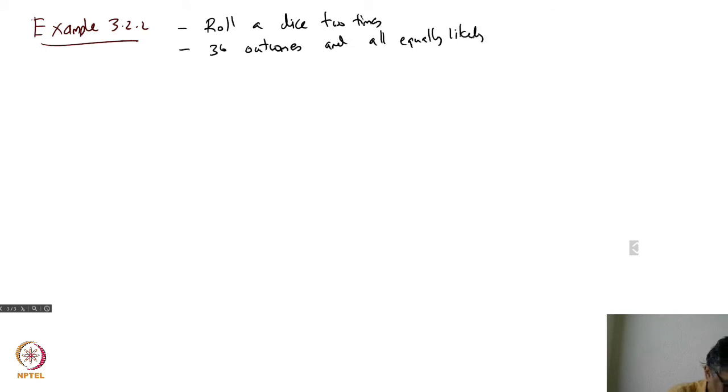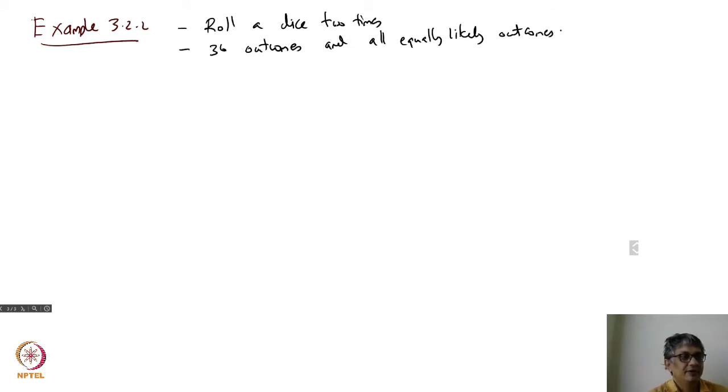So you roll a die twice, and the way we set it up, there were 36 outcomes, and we designated all of them as equally likely outcomes.